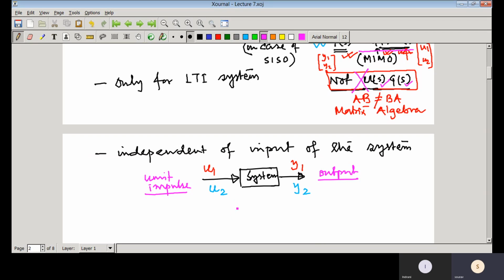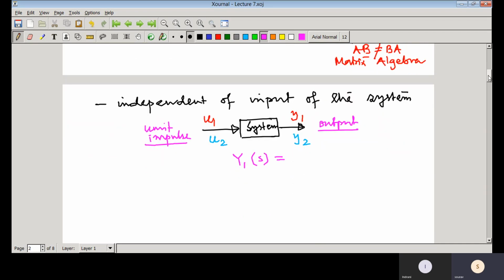So in the first case, what will you get? Y1(s), whenever you have applied U1, is equal to G(s), which is the transfer function of that LTI system, into U1(s), and Y2(s) is equal to G(s) into U2(s).